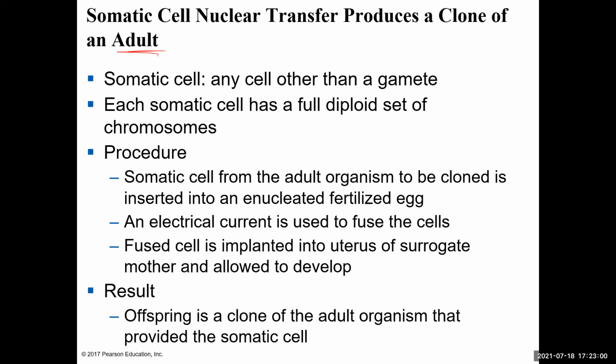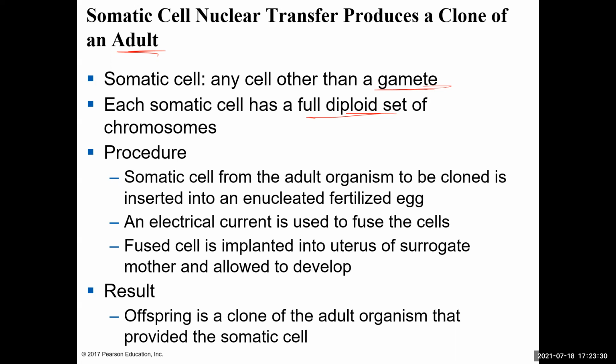And so the way this happens is you take a somatic cell. So this could be any cell from the body, a cell that's not the gamete, because the gamete only has half of the chromosomes needed. Okay, so the somatic cell has those full diploid sets of chromosomes. And what they do is they'll take the somatic cell from the adult that they're going to clone, and they'll insert it into an enucleated fertilized egg.